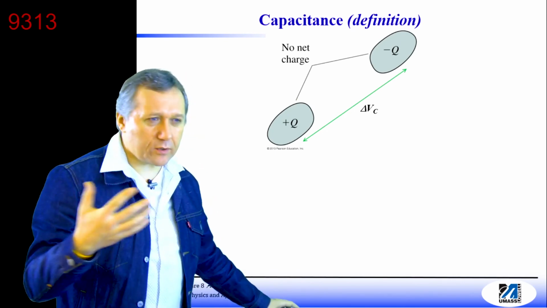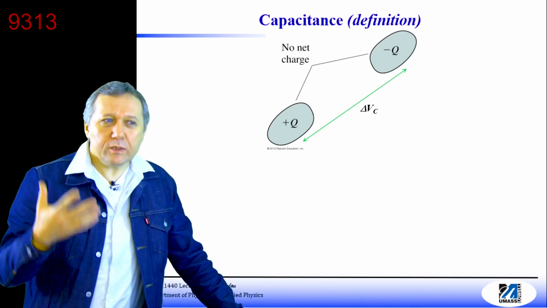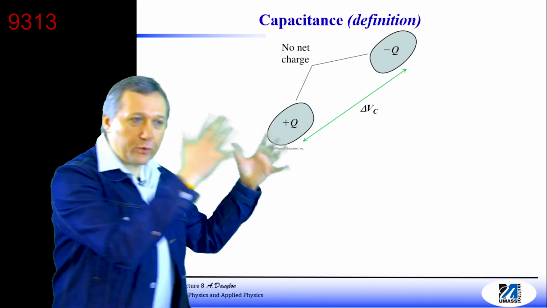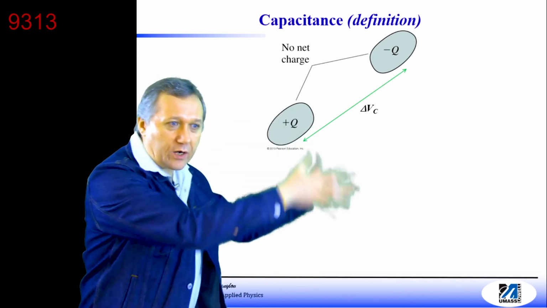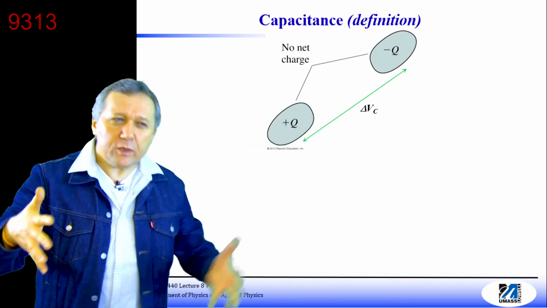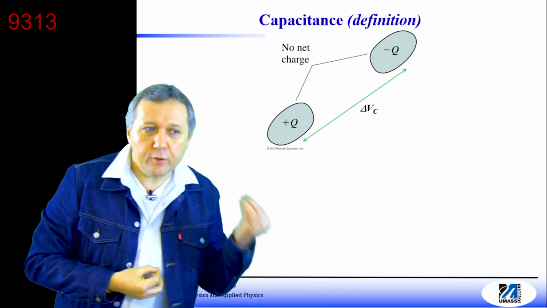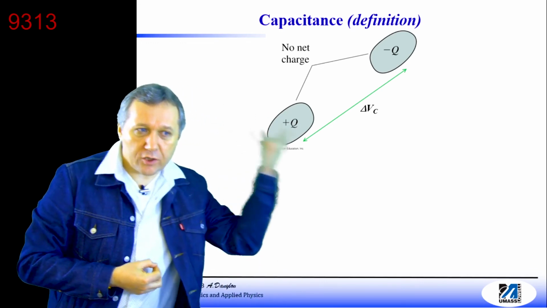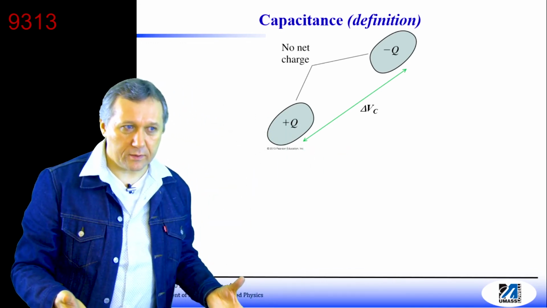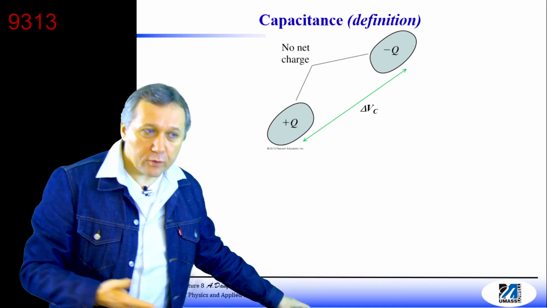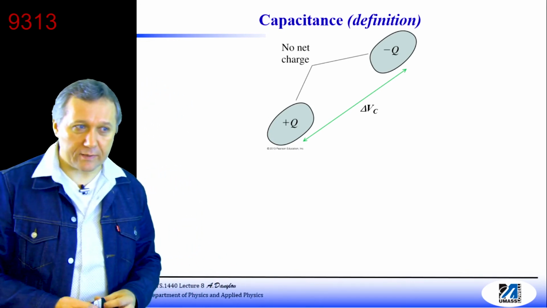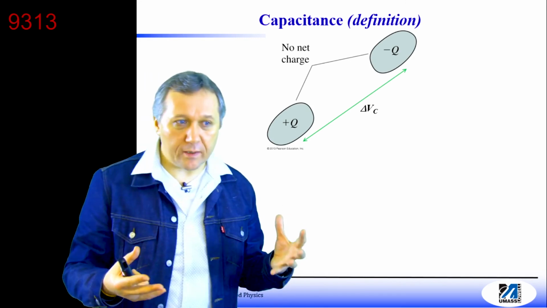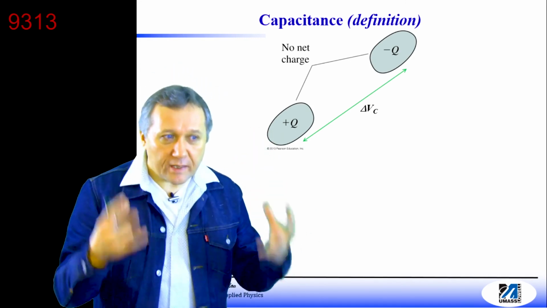And of course, the natural question: what about the ratio? If both of them increase at the same time, charge and potential difference, what if we look at the ratio of charge versus the potential difference? If you look at that ratio, you will be surprised that within experimental error, that ratio stays the same.